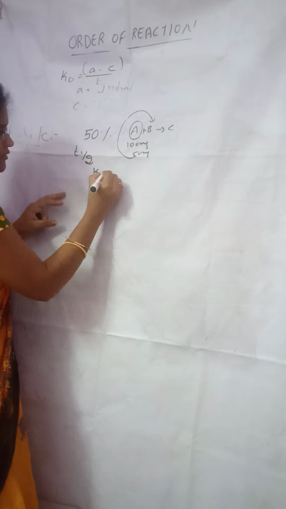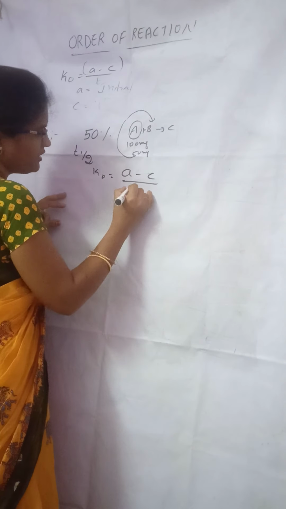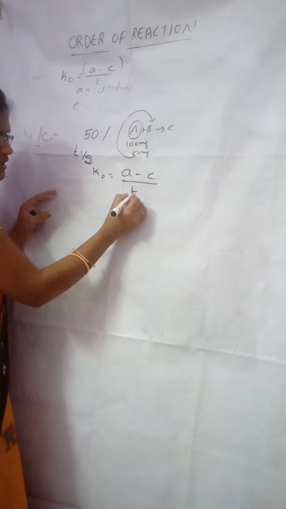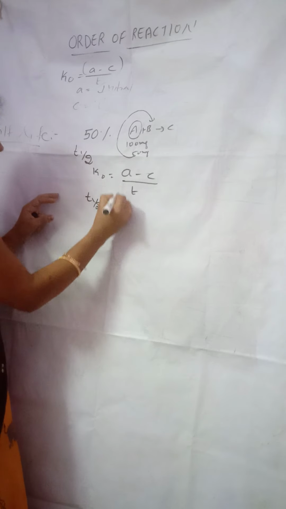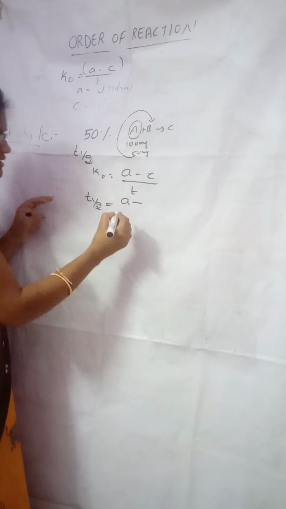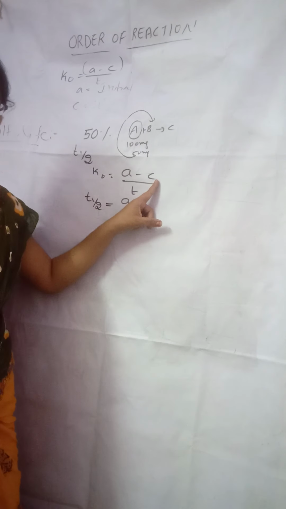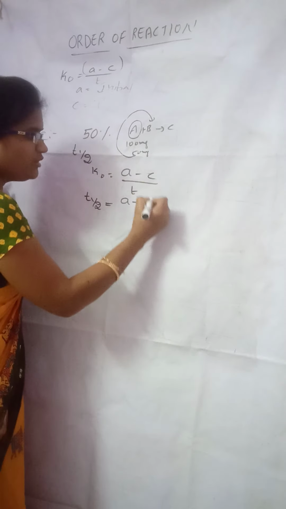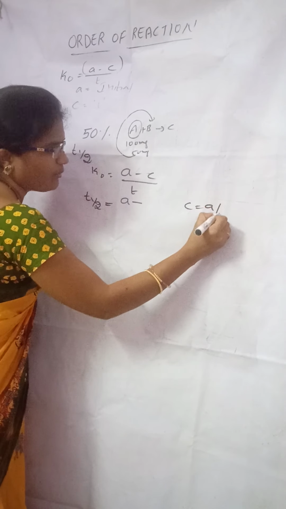Now, based on the basic equation of zero order, we will derive an equation for the half-life. K naught is equal to (A minus C) by T. But we want T, so for half-life, T half is equal to (A minus C) by K naught, where C is the concentration of reactant at time T. At time T we are considering the reactant concentration as half, so C is equal to A by 2.